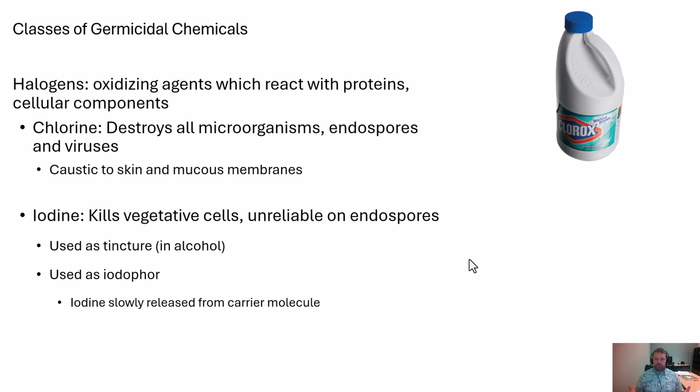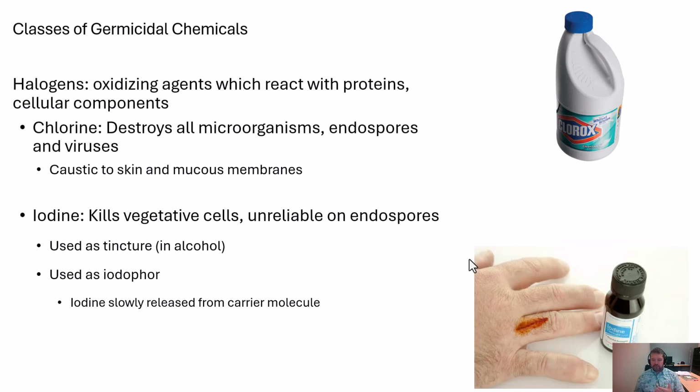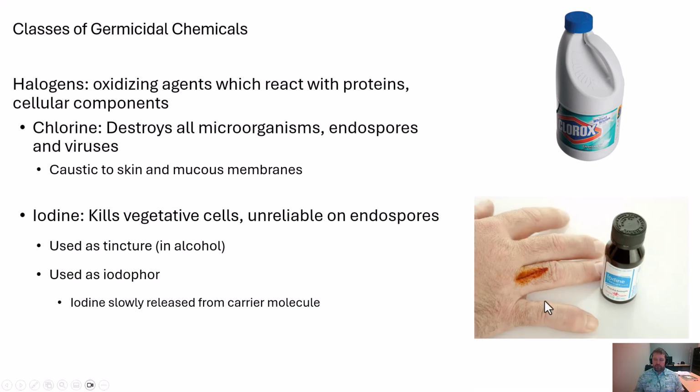So the other great thing about iodine is it can be mixed with alcohol. It can be mixed with water as an iodophore, and then applied in that way. And so again, the nice thing about it is it can be applied to tissue, and we know iodine is used quite often to prep surgical sites or to prep wounds and things like that. So it does a good job at that.